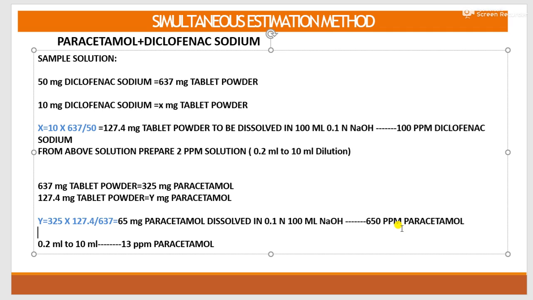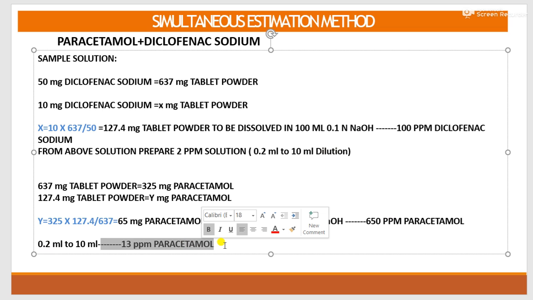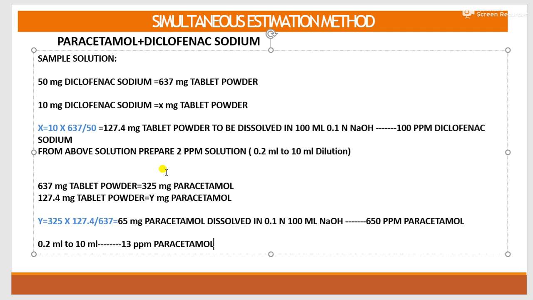And further we did dilution, meaning 0.2 ml was diluted to 10 ml. When this dilution is done, the final concentration of paracetamol is 13 ppm. If you calculate, you will get the value 13 ppm. That means the sample solution contains 2 ppm of diclofenac sodium and 13 ppm of paracetamol.